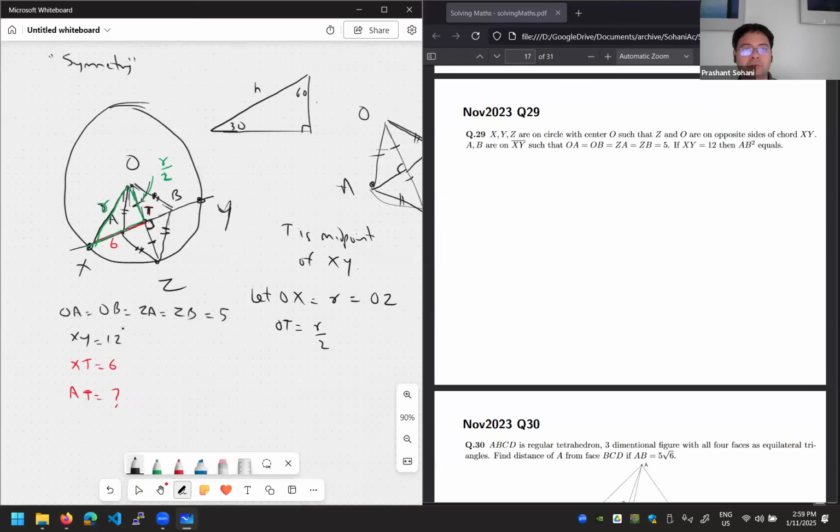But the property goes in reverse also: if I have a right angle triangle where one side is half of the hypotenuse, then it has to be a 30-degree angle opposite to that. So you are using the converse of the 30, 60, 90 property. Therefore angle OXT is 30 degrees and angle XOT is 60 degrees.